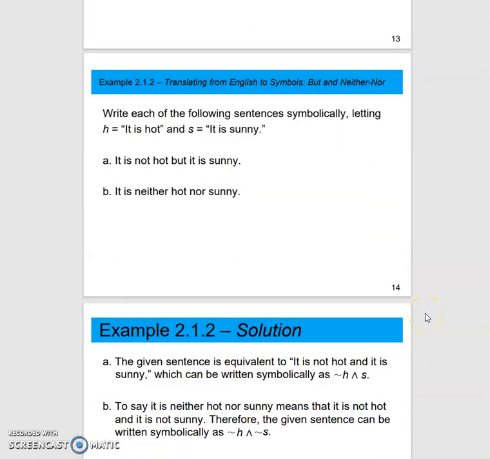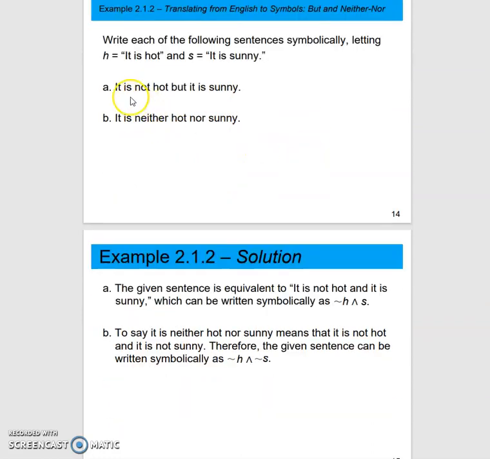All right, so we're going to take these statements and try to write them using symbolic logic. We're going to use H for it is hot and S for it is sunny. My first statement, it is not hot, but it is sunny. Now, but is not actually a symbol that we have, so I am going to interpret that with the word and.